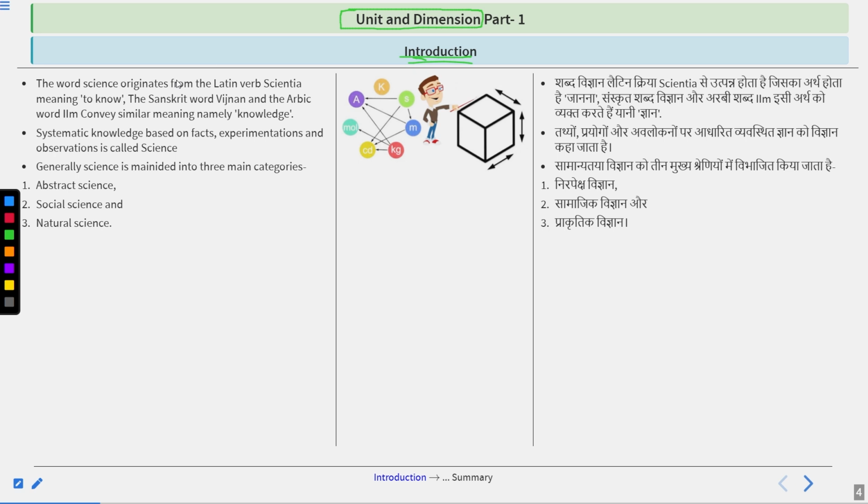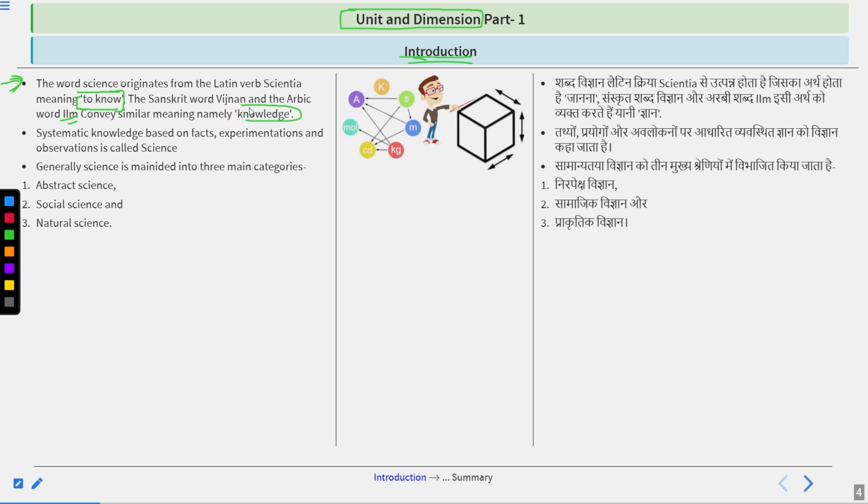Okay, so we could say the word science originates from the Latin word scientia, which means to know something, to have knowledge of something. There is also the Sanskrit word Vijnan and the Arabic word ilm, which convey a similar meaning, namely knowledge.